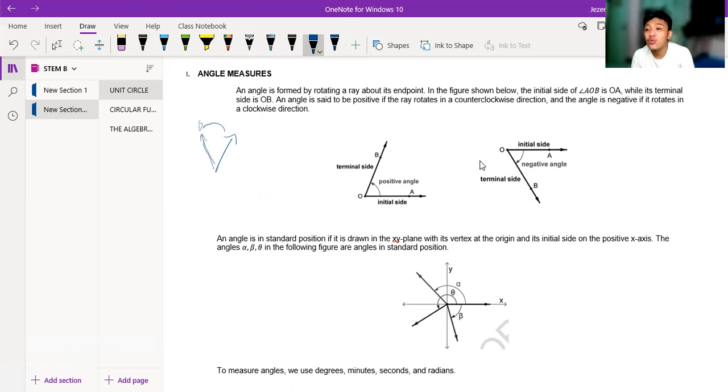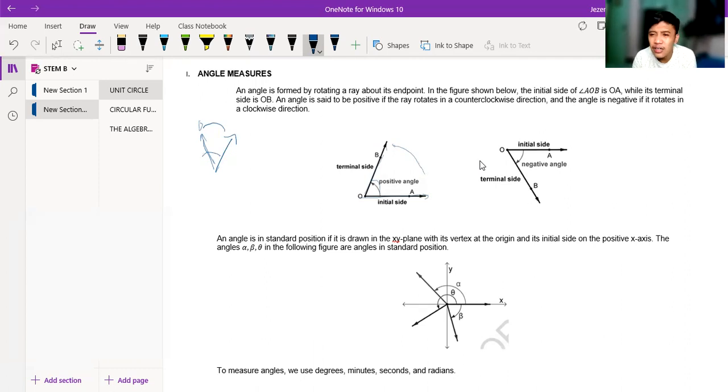Yung paggalaw na yun, nagkaroon siya ng angle. Yan, so angle. Like this one, so ang initial angle nito ay dito, so initial side, then gumalaw siya pa ganun, yan. So nandito na yung terminal side niya, yung final side niya. And nung gumalaw siya, nakagawa siya ng angle. Bakit positive angle? So, sabi dito, an angle is said to be positive if the ray rotates in a counterclockwise.